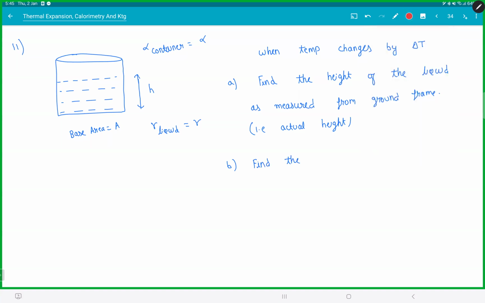Second thing, find the height as measured by the scale on the container. So this container also has its own scale. If you have ever seen a beaker in your chemistry lab, the beaker also has markings, right?